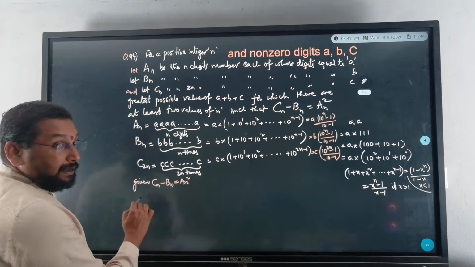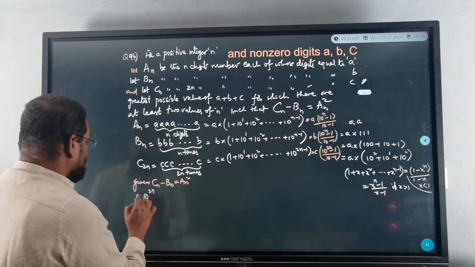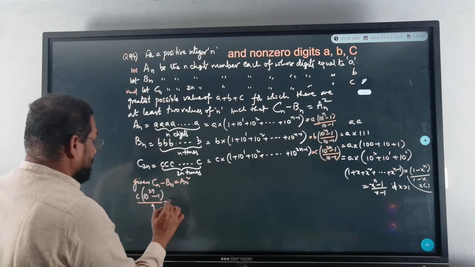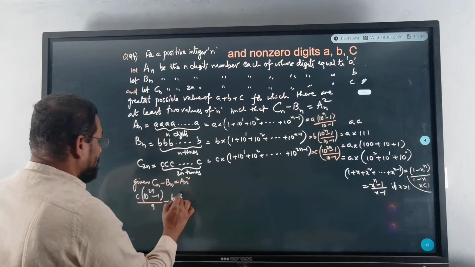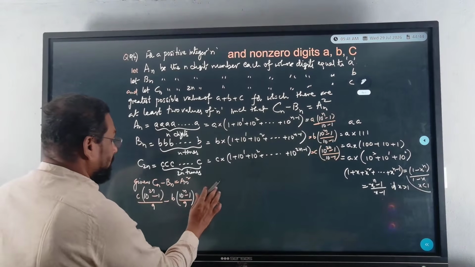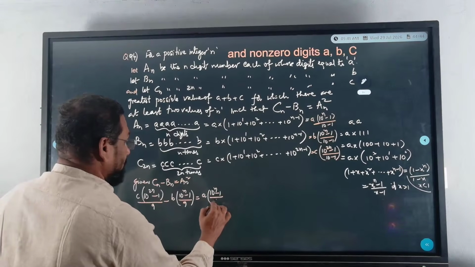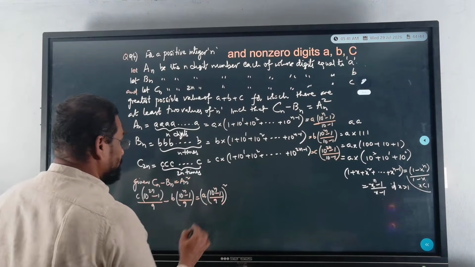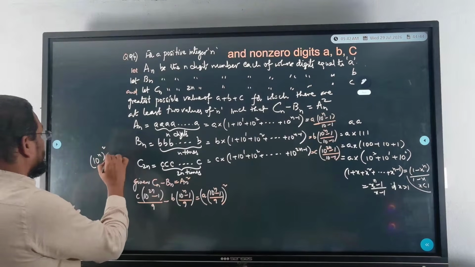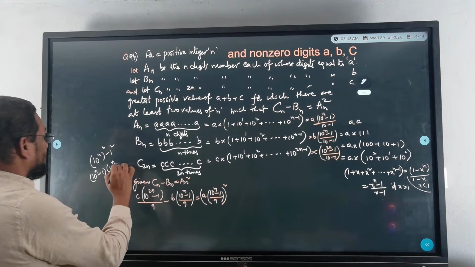See what is cn? c into 10 power 2n minus 1 by 10 minus 1, that is 9, minus b into 10 power n minus 1 by 10 minus 1 is equal to a into 10 power n minus 1 by 9 whole square. Right? This is 10 power n whole square minus 1 square, which is 10 power n minus 1 into 10 power n plus 1.